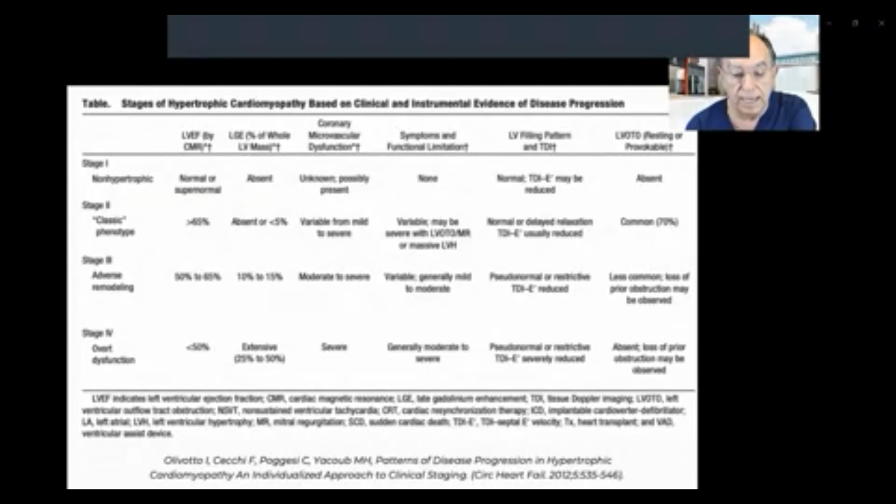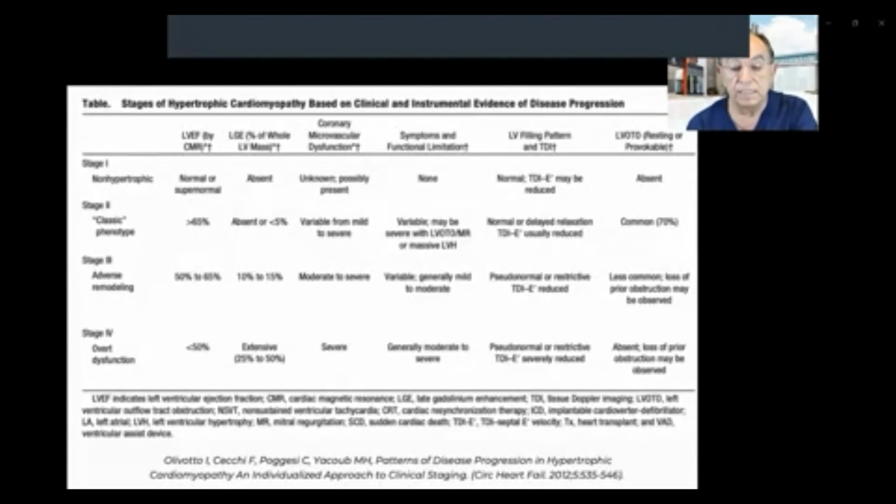Olivotto and Cecchi developed an evaluation of the patients with hypertrophic myocardiopathy, and they found that stage 1 is patients with genotypic anomaly but non-phenotypic disease, patients without hypertrophy, without obstruction. They are genetically with the disease, but without hypertrophy in the heart.